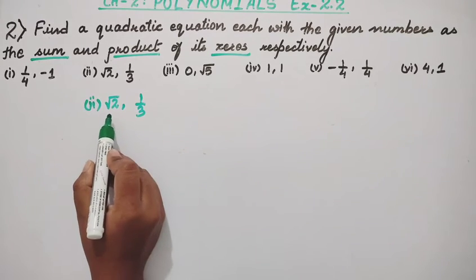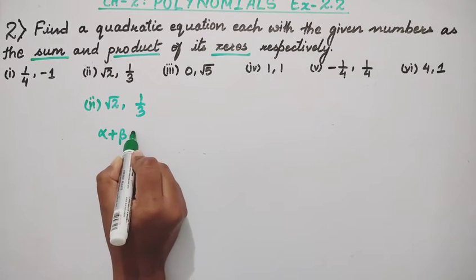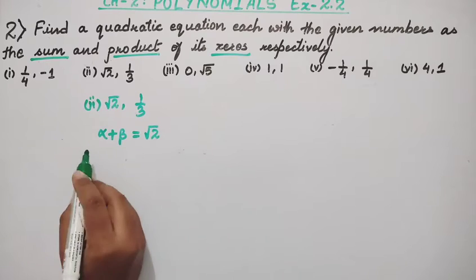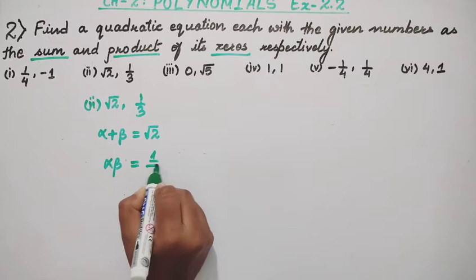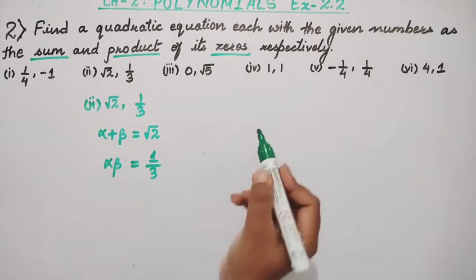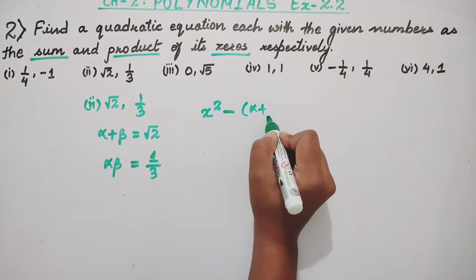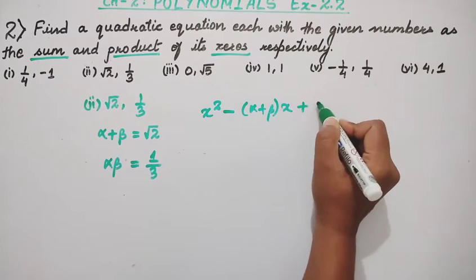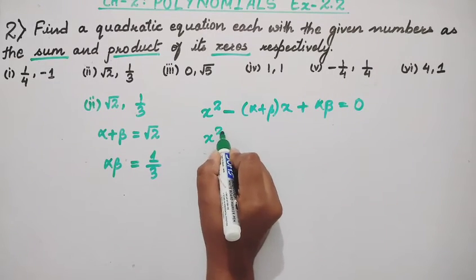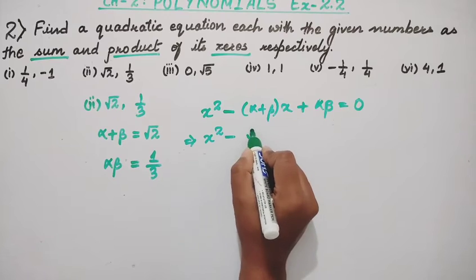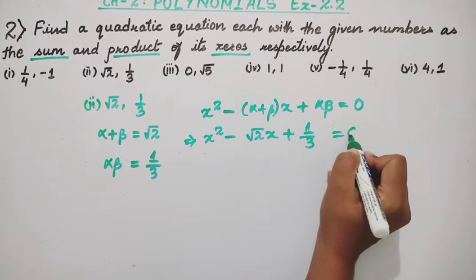Next we have √2 and 1/3. Second question. Here alpha plus beta equals √2 and alpha beta equals 1/3. Here we can write x square minus alpha plus beta into x plus alpha beta equals 0, or putting the values, x square minus √2x plus 1/3 equals 0.